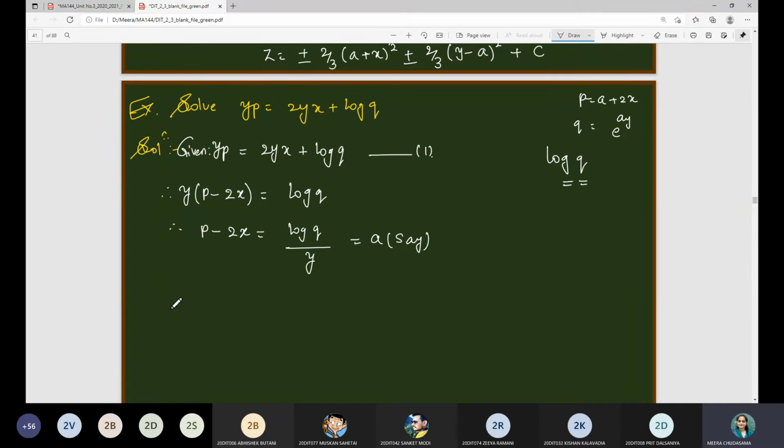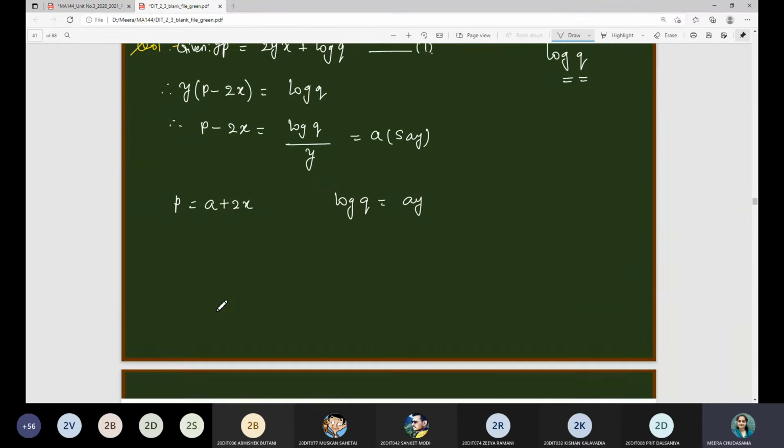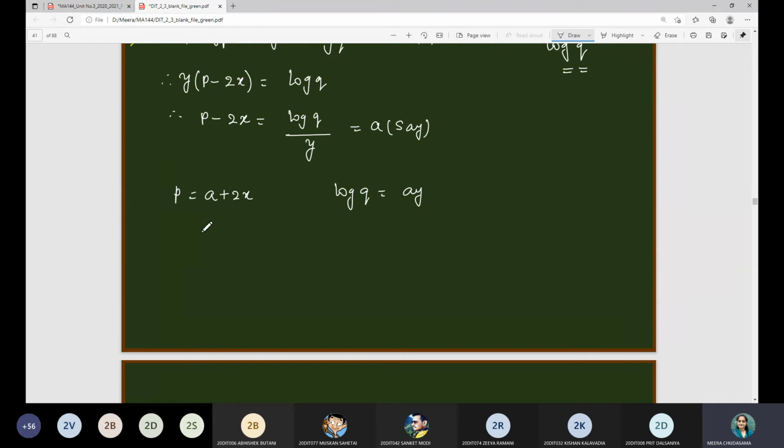Okay, so this is same. p is same as a plus 2x, and log q is nothing but ay, right? So from this expression, now we will substitute these values in the standard expression.